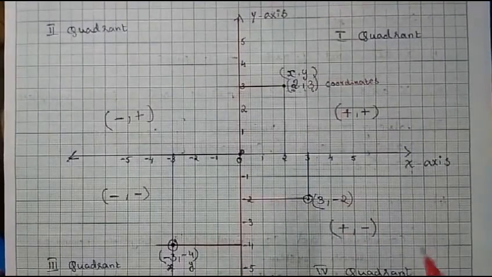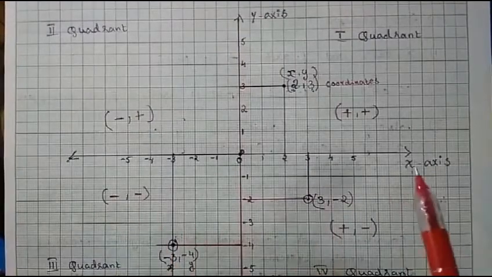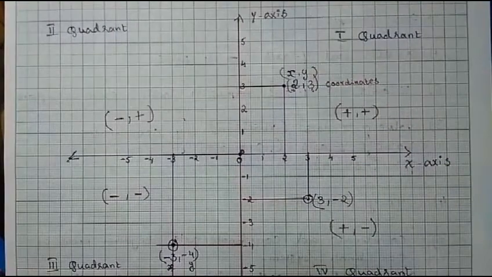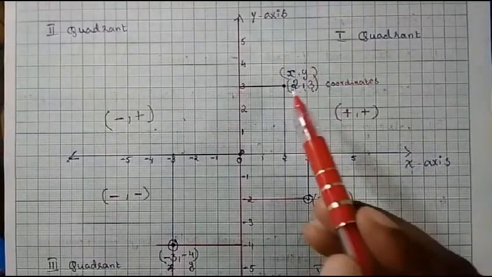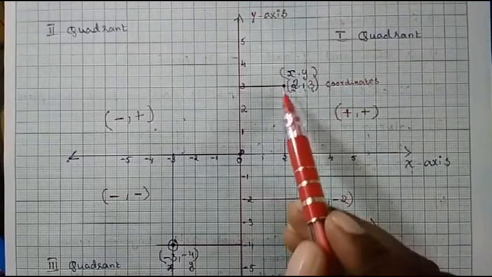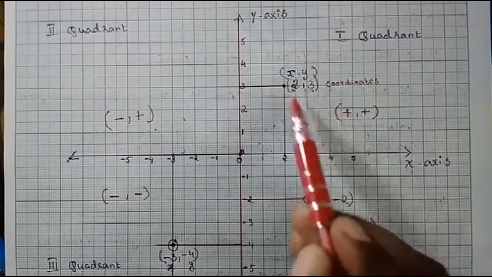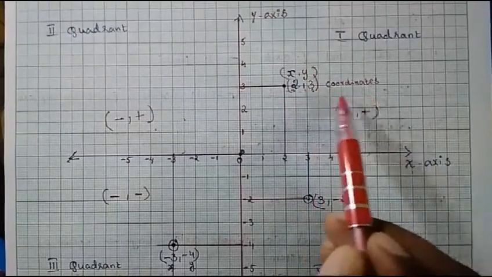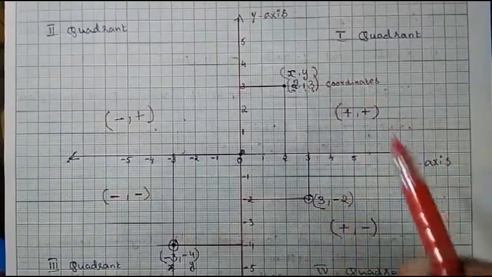Now you have studied what is called the x-axis. The horizontal line is the x-axis, the vertical line is the y-axis, and you know how to locate a point. The value of x and the value of y of the point we call its coordinates.